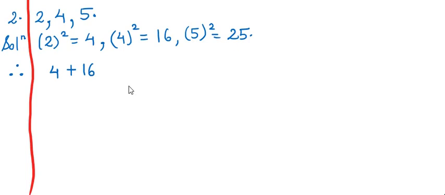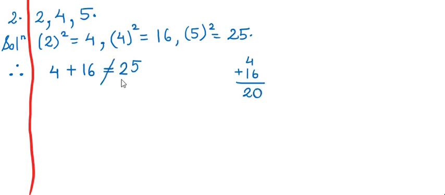What is that? 5 square, na? What is that? 25. Now, I will just add the two numbers, that is 4 plus 16. Okay, what will my addition give me? 20. Is 20 equal to 25? No. So, I'll put here a not equal to sign.